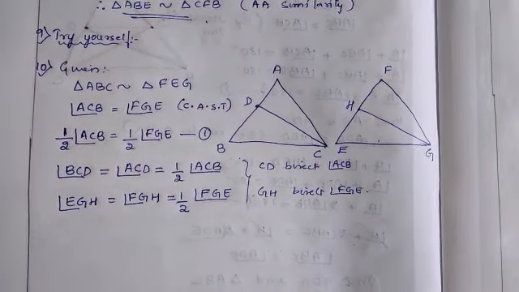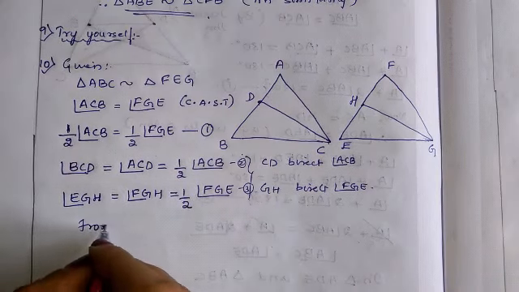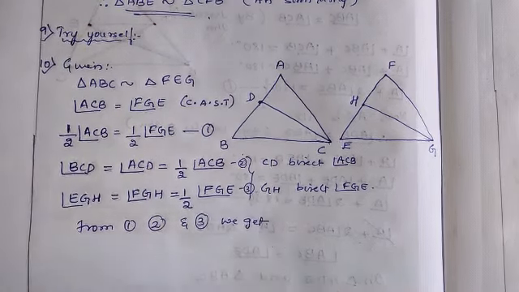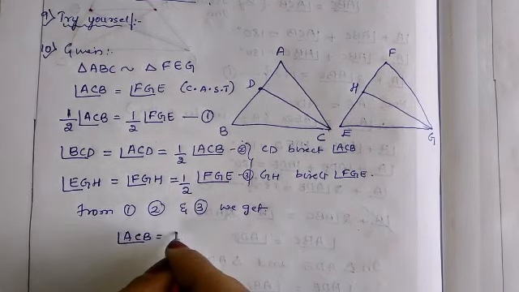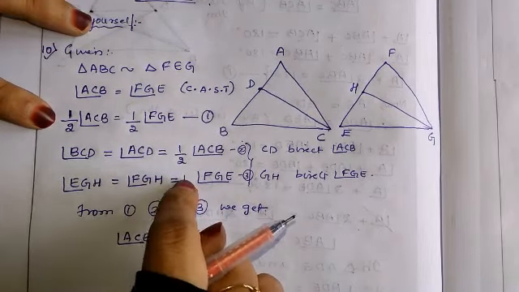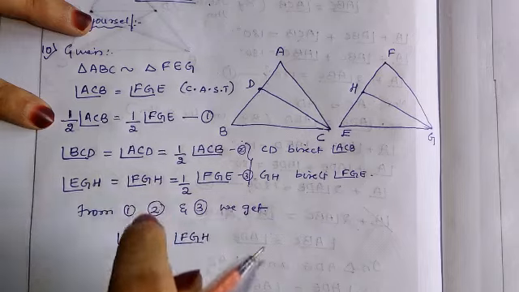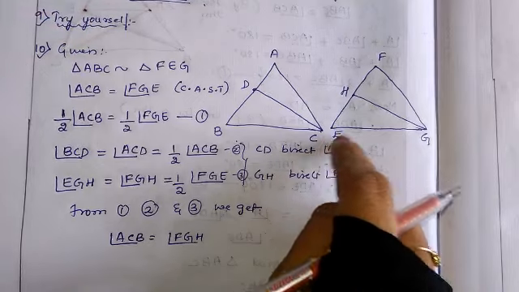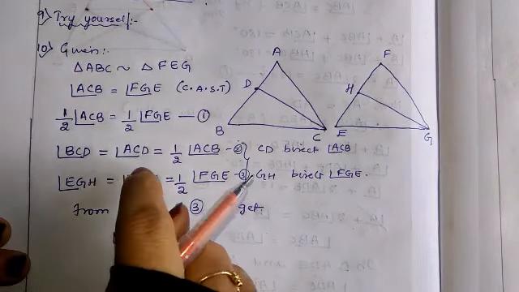Now from equations 1, 2 and 3, we get angle ACD is equal to angle FGH. How? We can see here, if these are equal, this is equal to this and this is equal to this. Wait, by mistake I wrote AC.